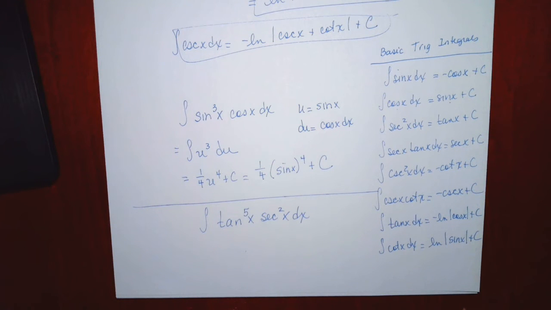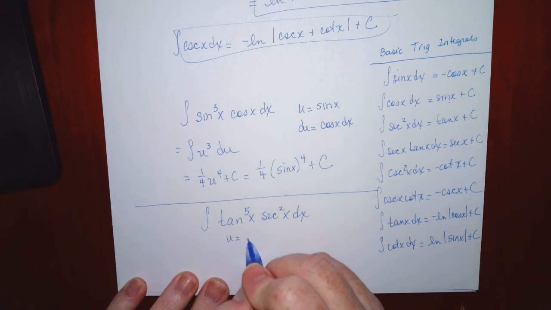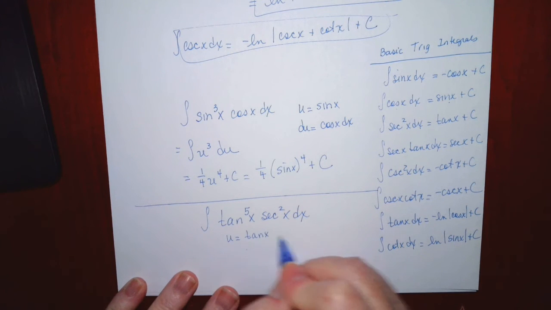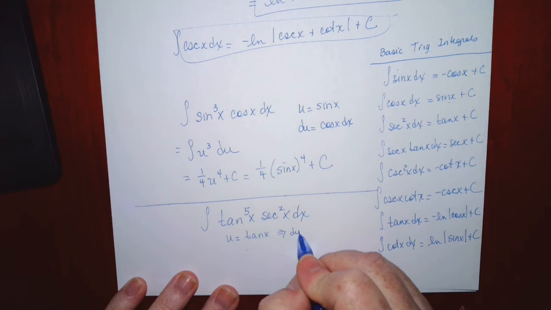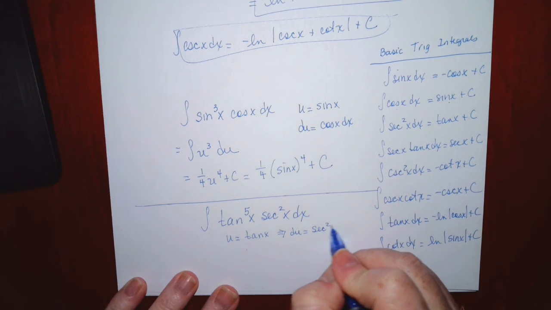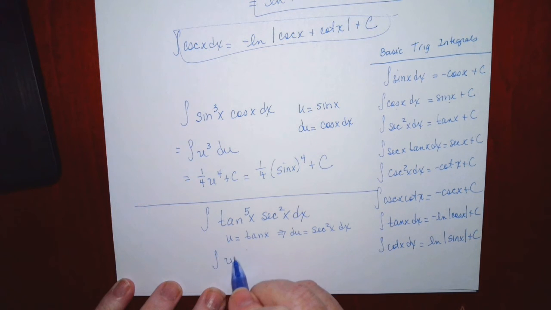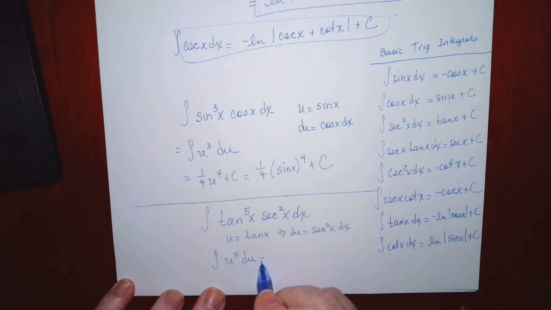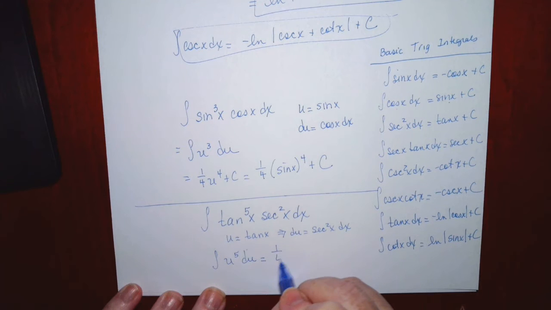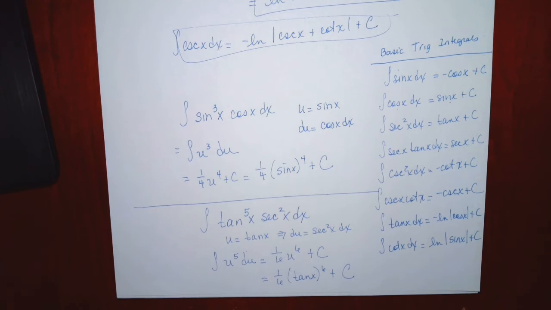It's just secant squared x, right? So if I let u be tangent x here, then du would be secant squared x dx, and this would just be the integral of u to the 5th du, which is 1/6 u to the 6th, or 1/6 of tangent x to the 6th, and then plus c.